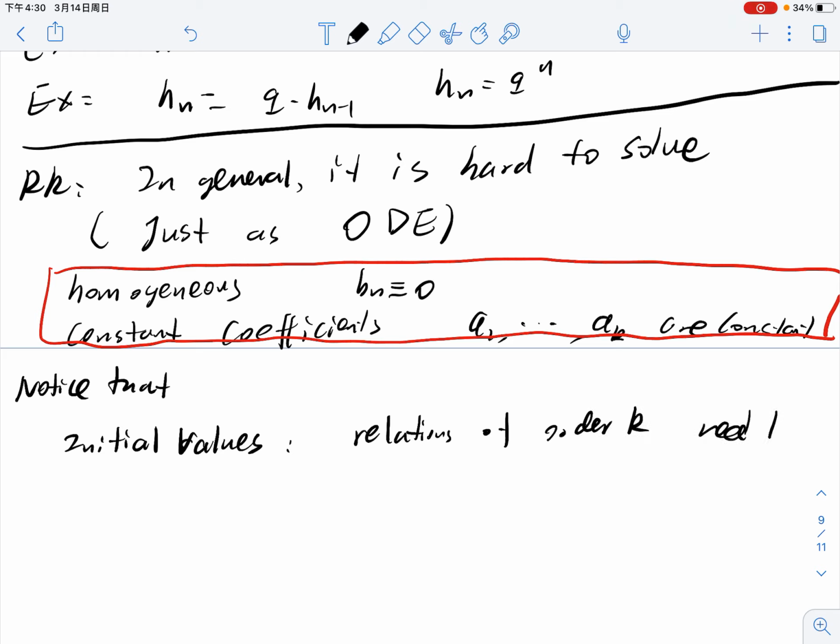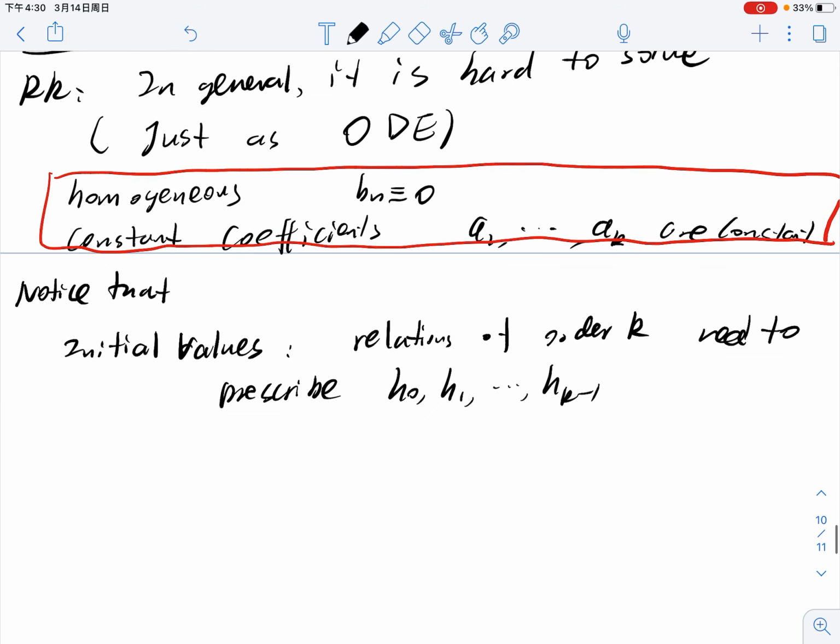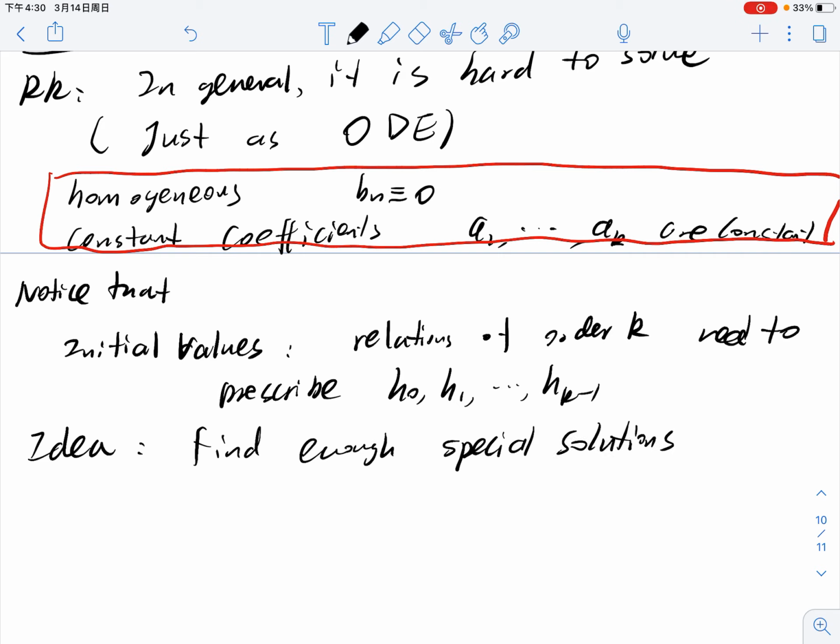We need to prescribe H0, H1, up to Hk minus 1, k relations. Sorry, k data. So the idea is still the same. Find enough special solutions. So actually, of order k, you need to have k special solutions and do linear combination.